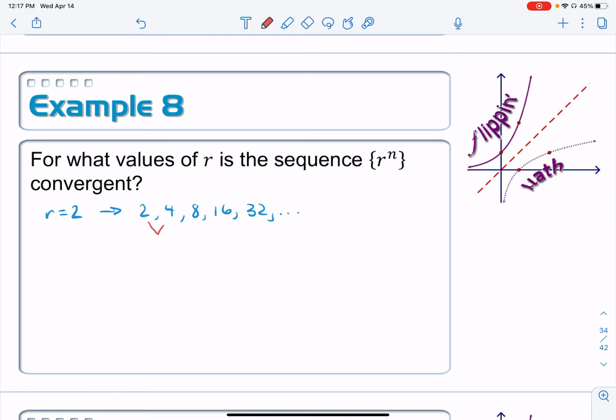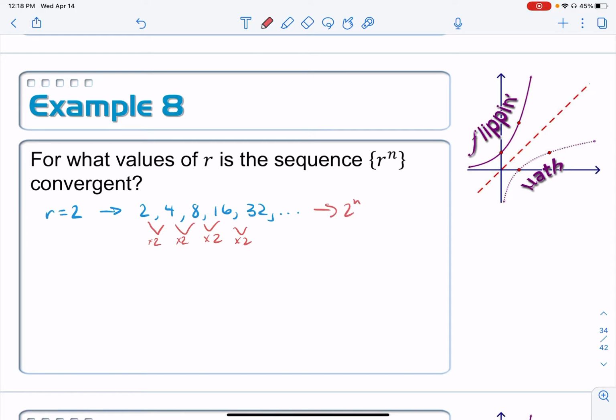So 4 divided by 2 gives you a 2, so it's been multiplied by 2. 8 divided by 4 also gives you a 2, times 2, times 2. And so really this one is 2 to the nth power.